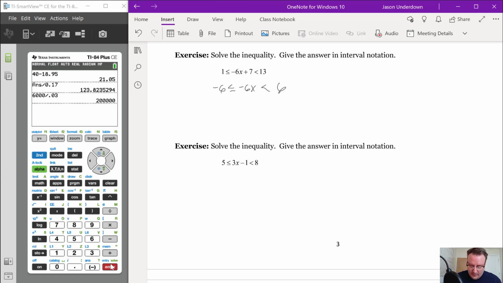So when I divide by negative 6, negative 6 divided by negative 6 is 1. We'll get 1 is greater than or equal to negative 6x divided by negative 6 is x. And then 6 divided by negative 6 is negative 1, and we flip the inequality.